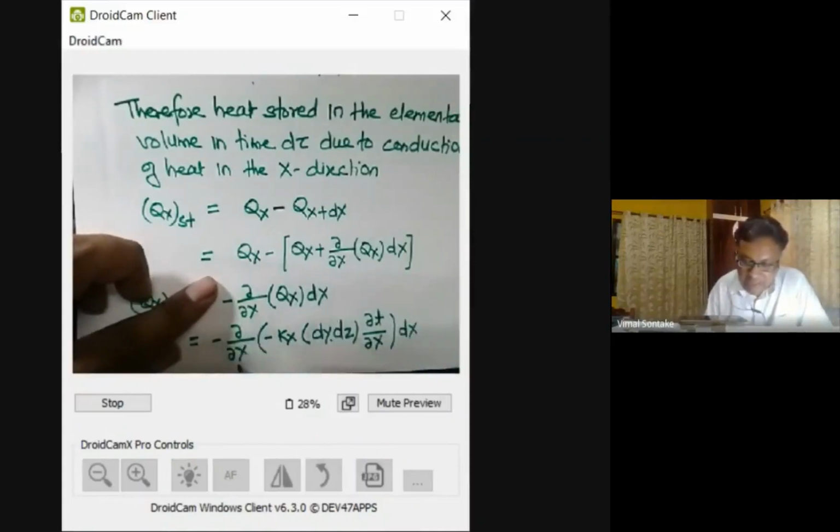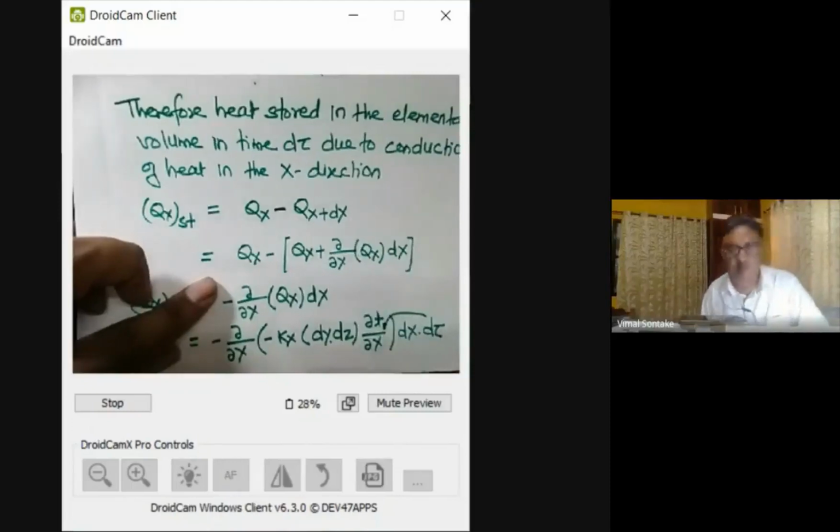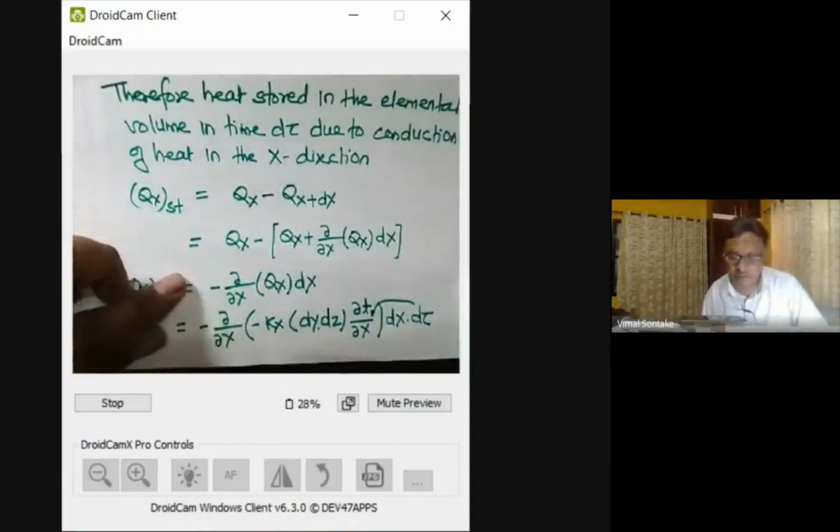This minus del by del x, this entire term is qx dx multiplied by d tau. This d tau is here actually, so please take it into consideration. Now let us simplify this expression.